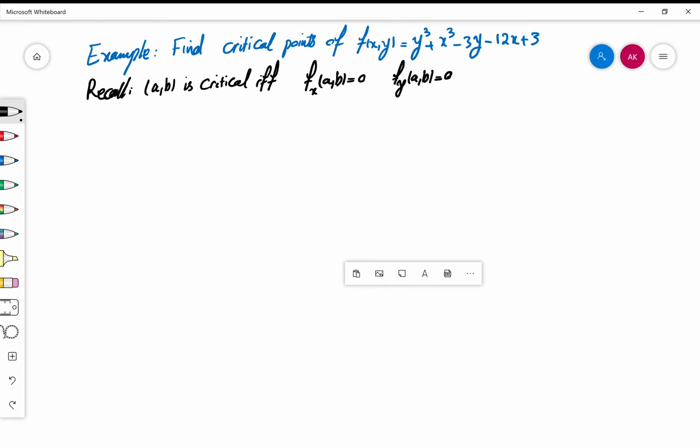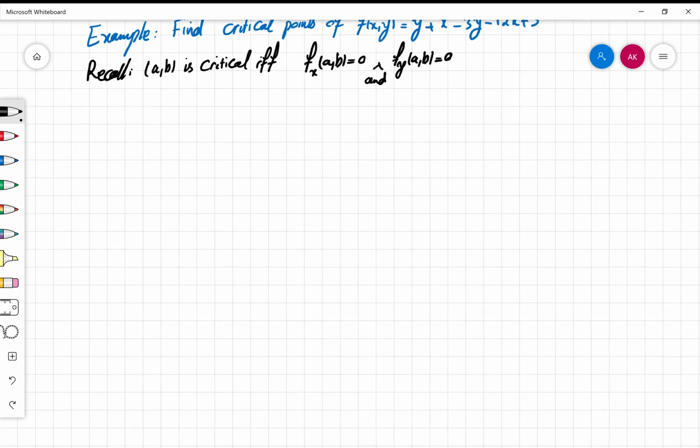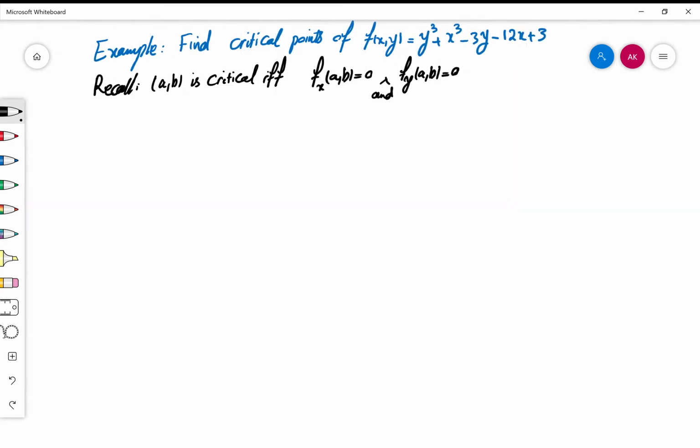Not one of them, both of them. Which means we need to find fx and fy, and then set them equal to 0.